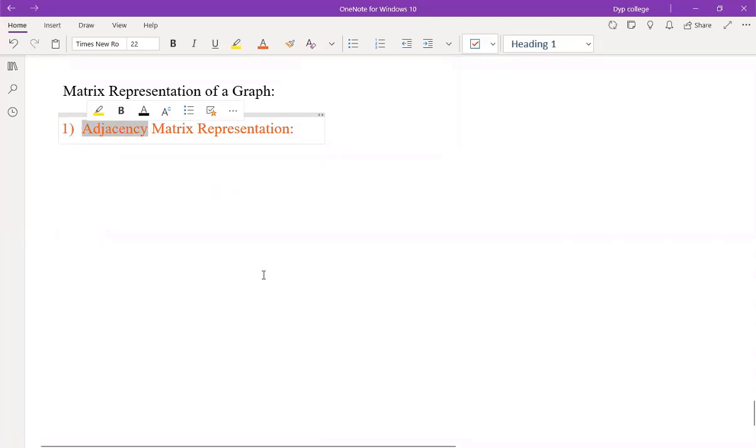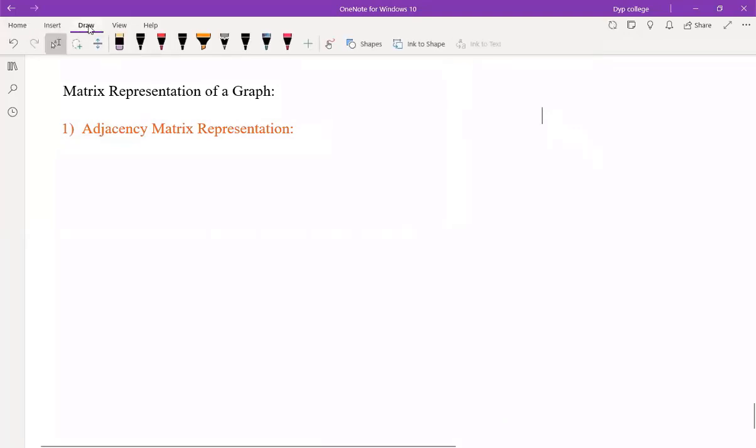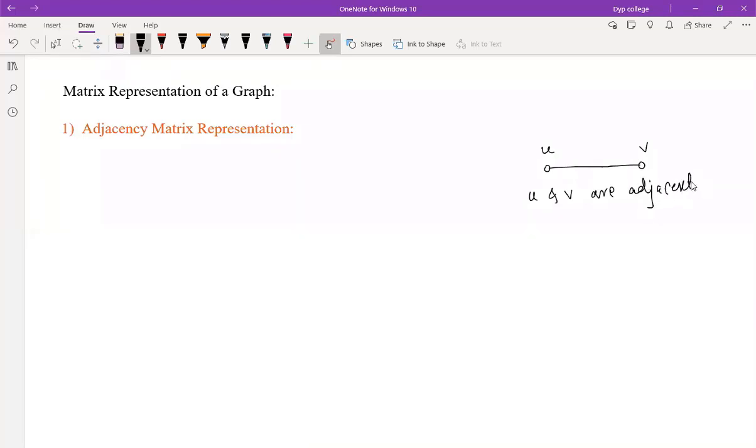Adjacency is between two vertices. मतलब अगर दो vertices के बीच में edge होती है, so then we can say that these two vertices are said to be adjacent. Suppose we take a vertex u and a second vertex v, and there is an edge between the vertices u and v. कितने भी edges हो, then we can say that u and v are adjacent. क्या बोलते हैं हम? u and v are the adjacent vertices.